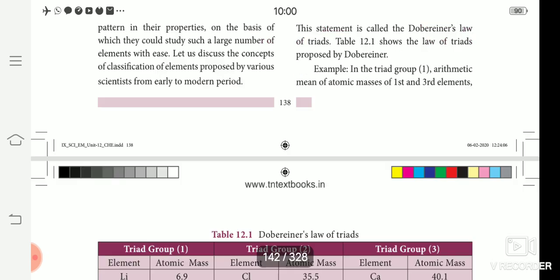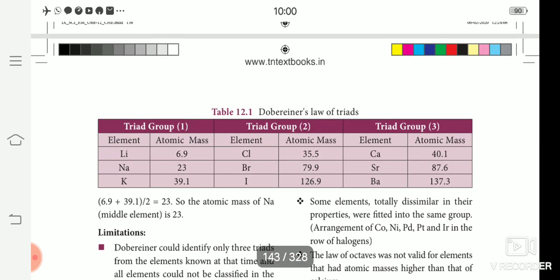See table 12.1. In triad group 1, the elements are lithium Li, sodium Na, potassium K, with atomic masses lithium 6.9, sodium 23, potassium 39.1.